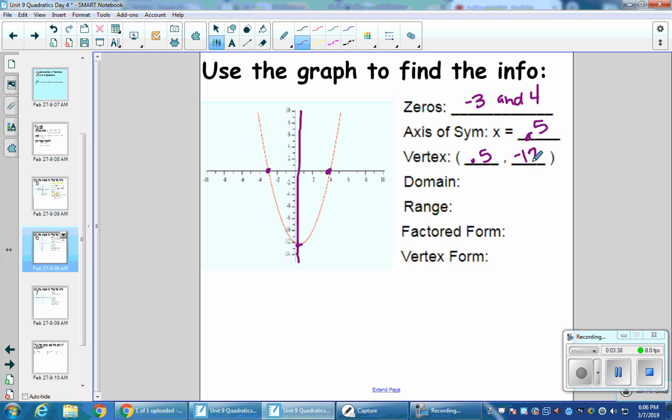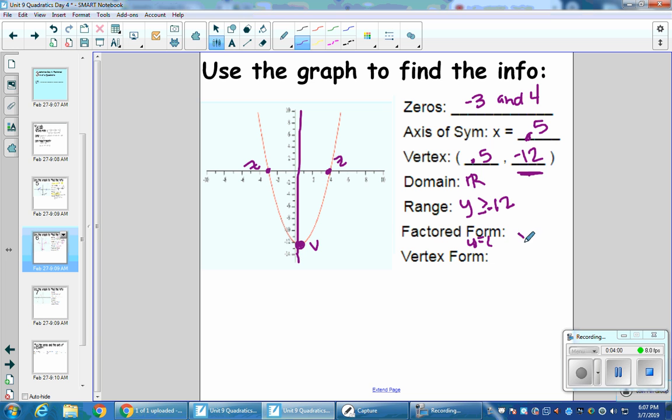So our vertex is right down here. That's our vertex. These are our zeros. Okay, the domain is always all real numbers. The range is y, and since it's pointing up, it's greater than, and remember, it's always the same as our y coordinate here, which is -12.